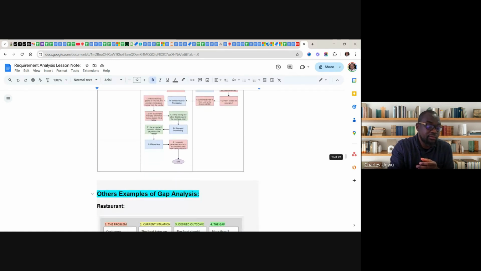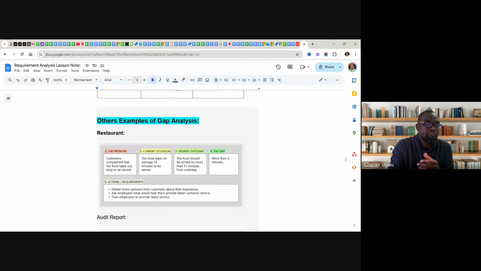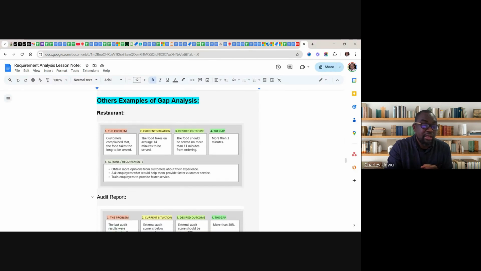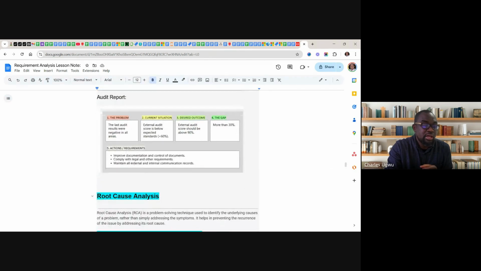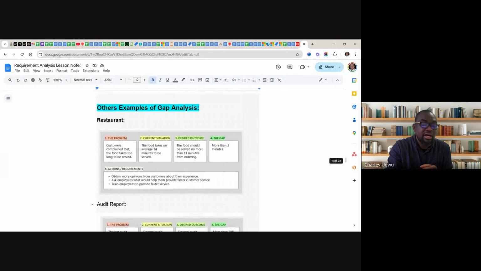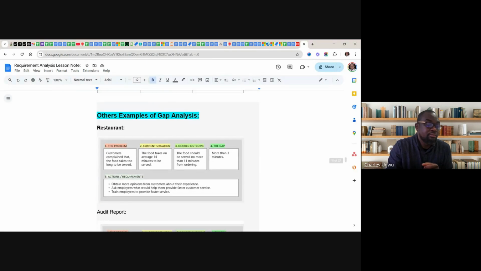We've done that before. And then we have other gap analysis examples here, like in a restaurant, audit reports, and things like that. These are areas where you can equally perform simple gap analysis to solve a problem.